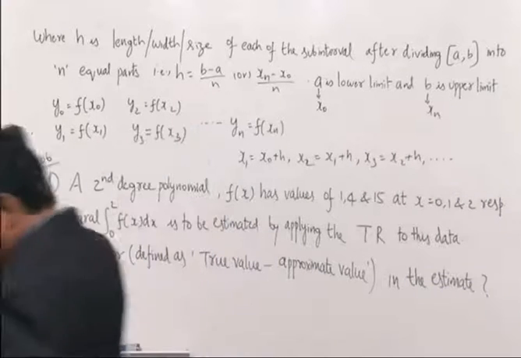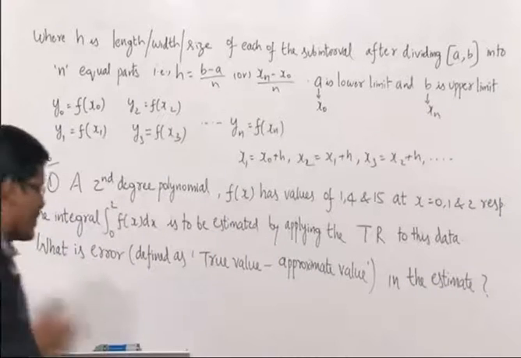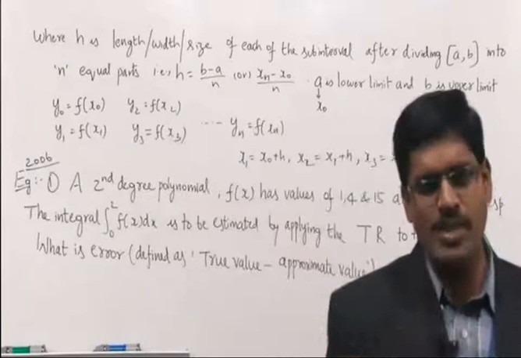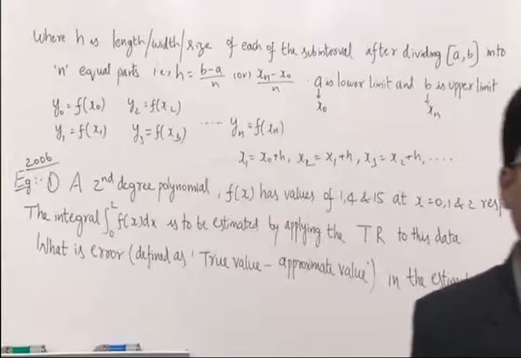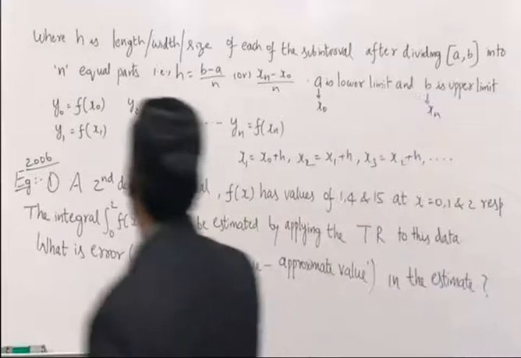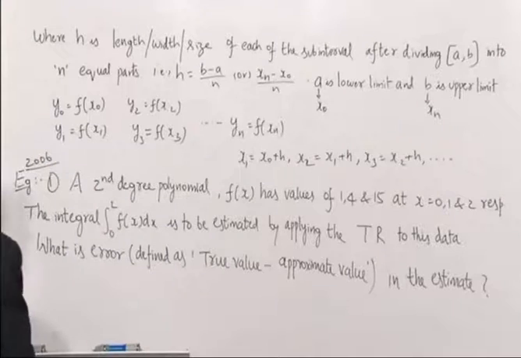True value means the value obtained by the analytical method, that is by doing integration, the exact value. Approximate value means the evaluation of the integration by the trapezoidal rule, because it is mentioned trapezoidal rule. So let me evaluate the trapezoidal rule first.